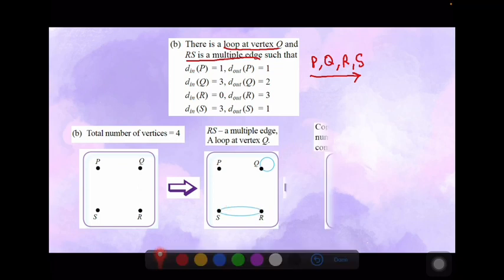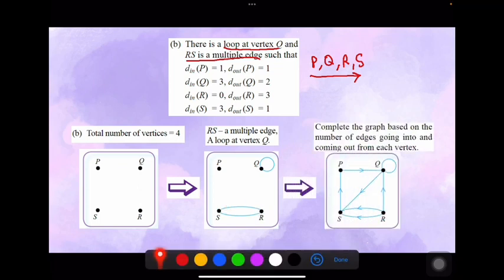Okay, next, we will complete the directed graph based on the number of edges going into and coming out from each vertex. So refer to the information given and draw all the edges with arrows. Okay, now we already have a directed graph.